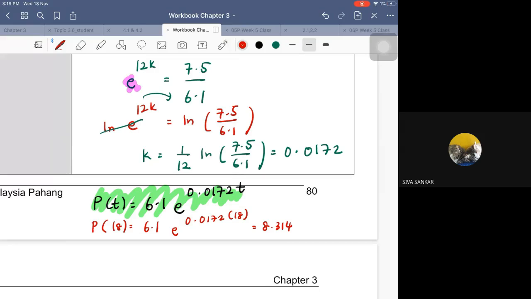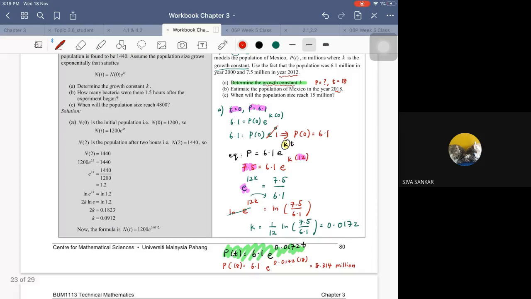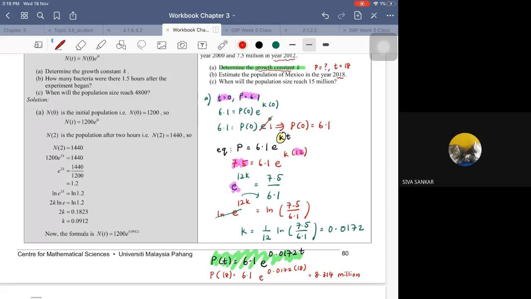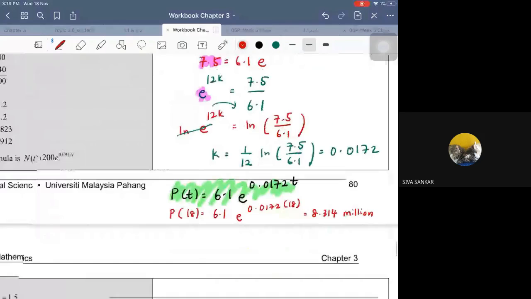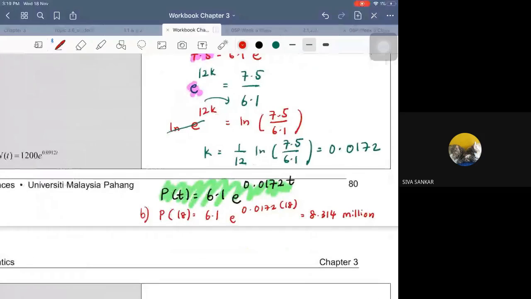Dia bukan 8.314 orang tau. Ni adalah 8.314, so approximately 8 million people. Sebabnya tadi dia bagi ni sebenarnya 6.1, ni sebenarnya 7.5, ni dia adalah dalam unit million. Sebab tu bila dah kira, you kena tulis dia adalah 8.314 million. Okay, that is going to be for B.